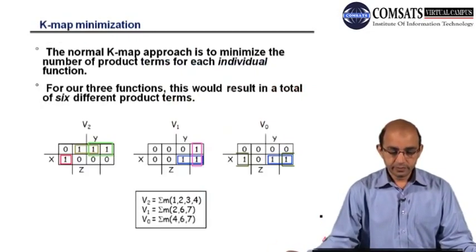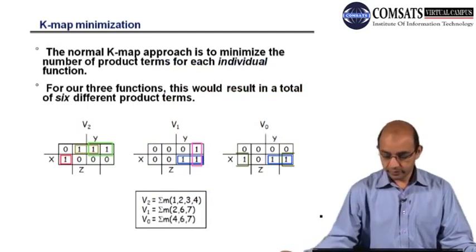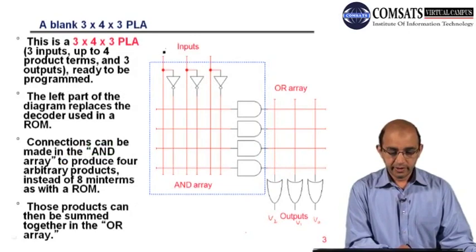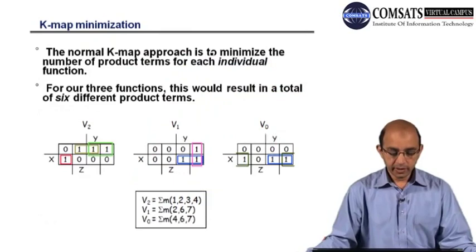Here you can see we have V2, V1, and X, Y, Z. I will go back and have X, Y, and Z. Here you can see we have this expression, these are the minterms, so summation, 1, 2, 3, 4.